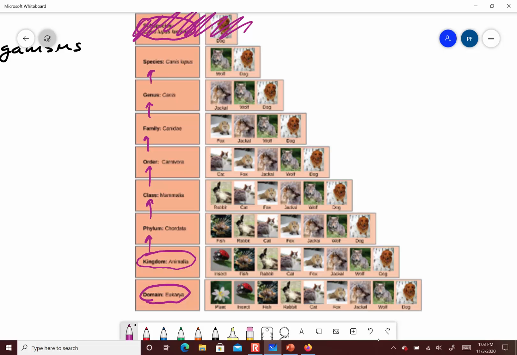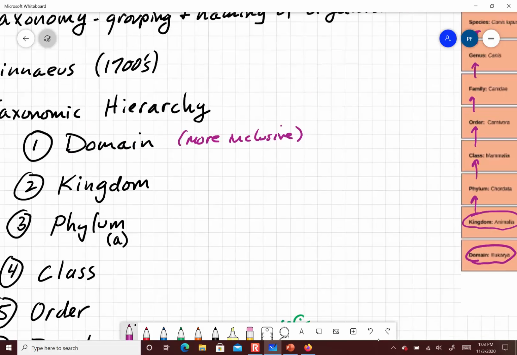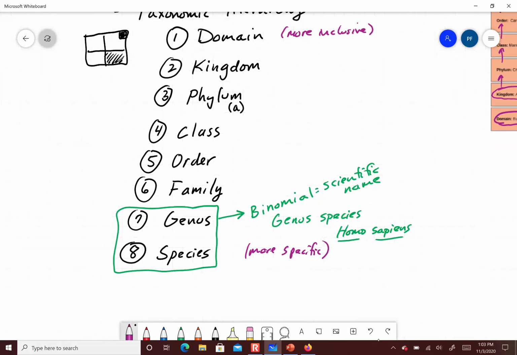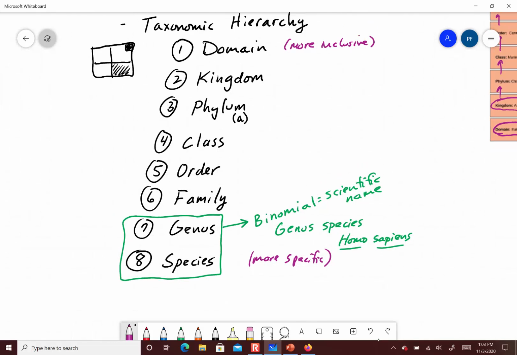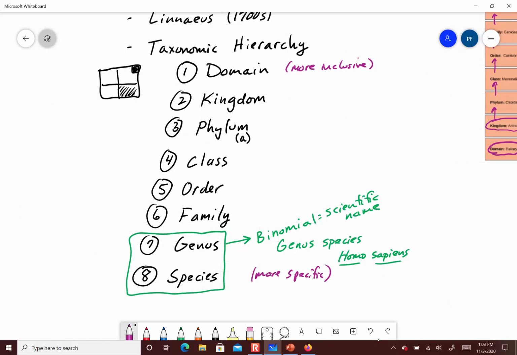The bottom line is it's just an example to show you this breakdown of lots of stuff down here, fewer, fewer, fewer, until we get to one thing at the top of this picture, which is the bottom of our list. All right, so there's going to be an assignment that I'm going to ask you to do with some of this taxonomic hierarchy, with some examples you want to look up. So you'll get some experience looking at this classification.